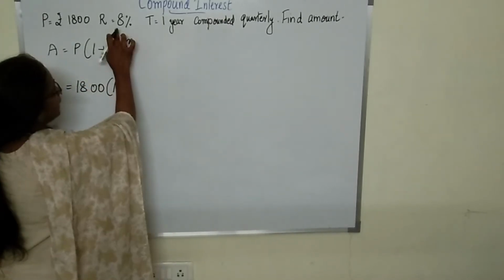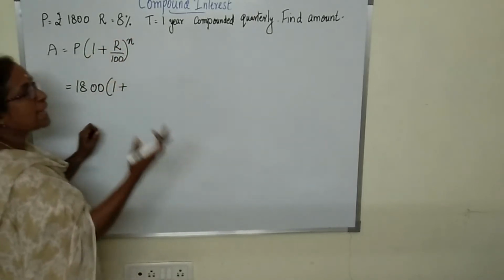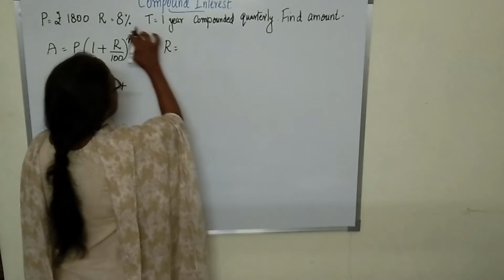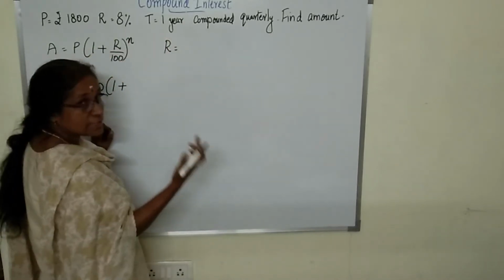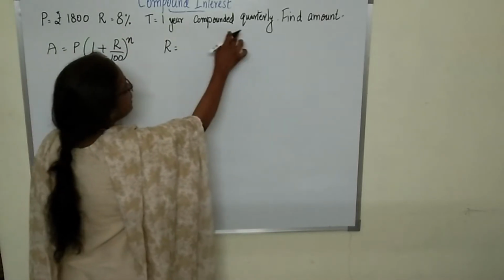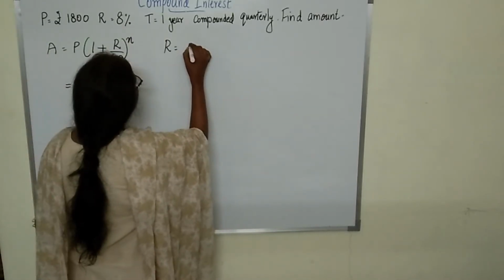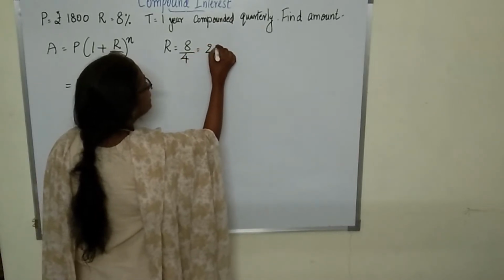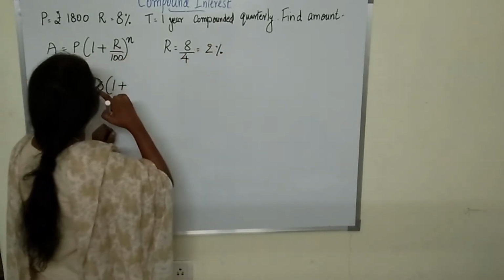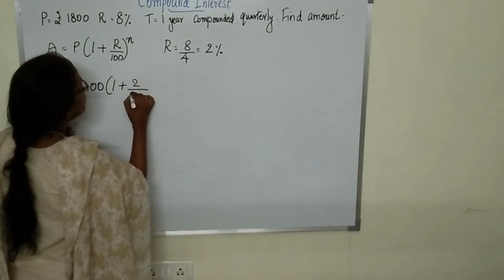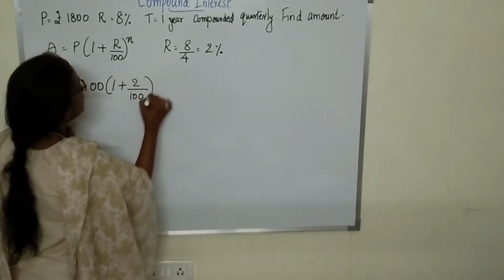1 plus rate of interest. When it was annually, it is considered as it is. When it is half yearly, it became half of the rate. When it is quarterly, it will become 8 upon 4, that is 2%. So it is 2 upon 100.